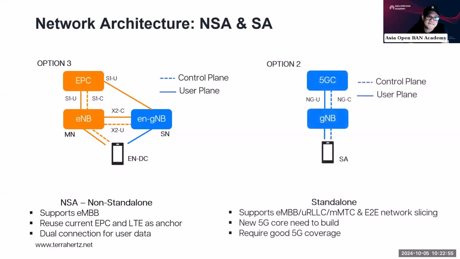Okay? Now we have option 2. Option 2 is what we call the SA, or the standalone. In standalone, you need a dedicated 5G core network, and then you have a G node B. Definitely, you need to directly connect your G node B to a 5G core network. So we call it standalone.